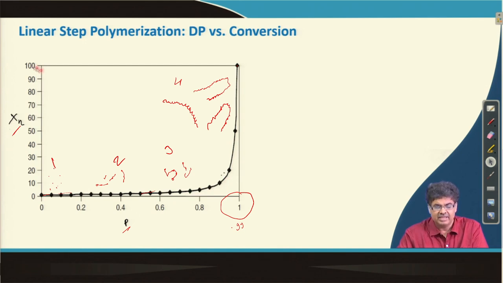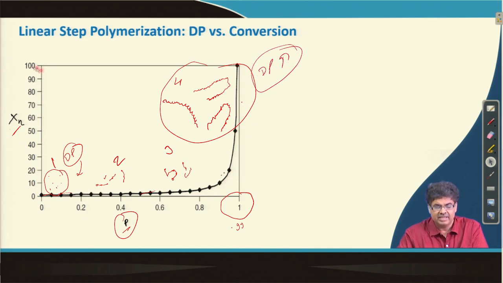So see here. Initially when these monomers are reacting, the DP is not changing significantly, when conversion is very low. But when conversion is very high, these bigger chains will react among each other, and the DP will increase drastically. So is this graph clear, why the DP is changing at the end of the reaction when conversion is very high?